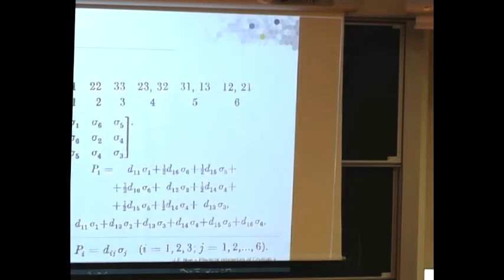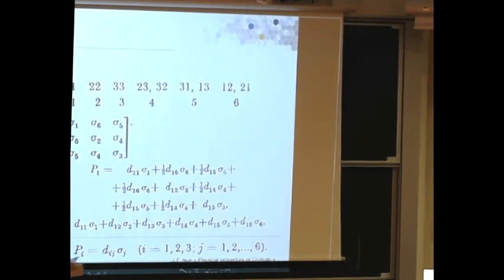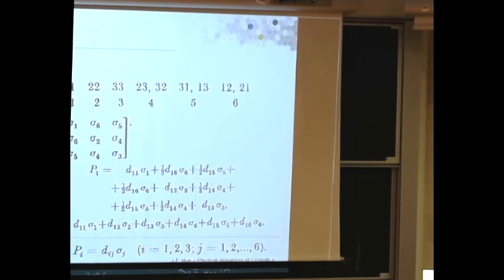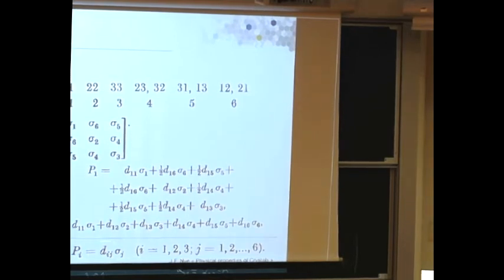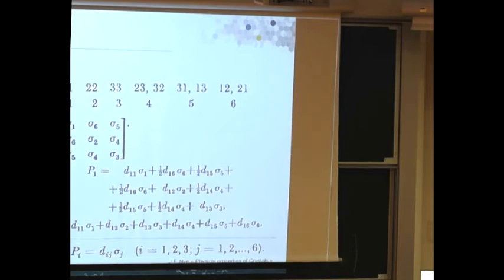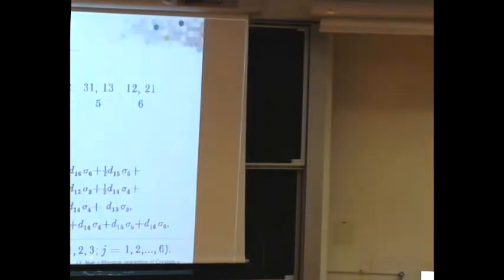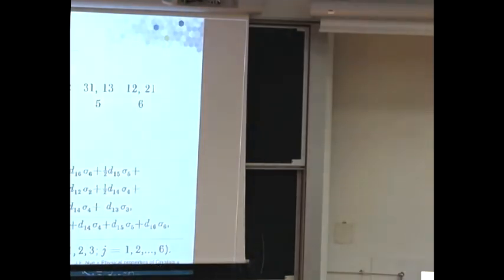If I write polarization as a function of stress, the piezoelectric constant has only 2 indices: i, which relates to the polarization, goes from 1 to 3, and j, which relates to the stress, goes from 1 to 6.